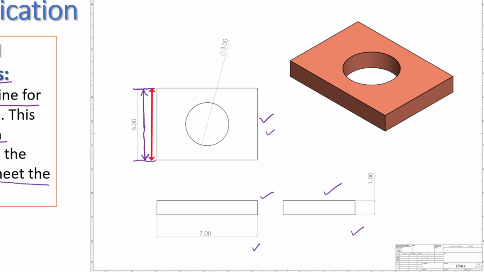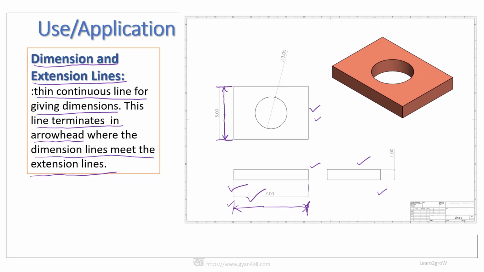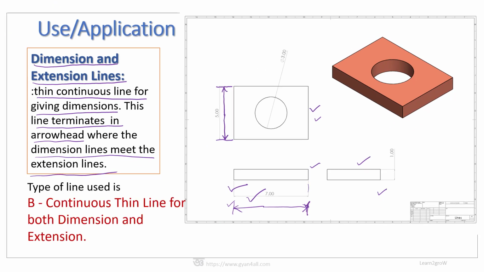In this case also, this is the dimension from this line to this line, and this is extension line, this is extension line, and this is dimension line. So as per convention, for dimension and extension line, we have to use B-type line, which are continuous thin lines.